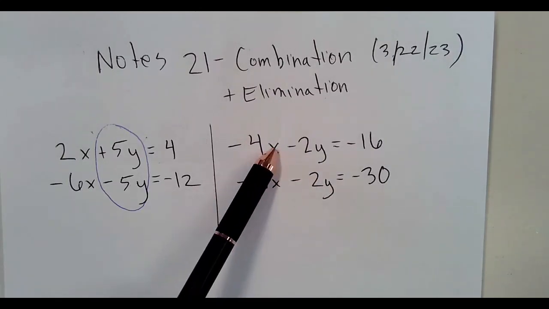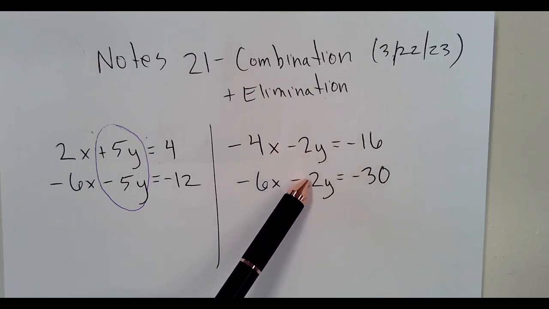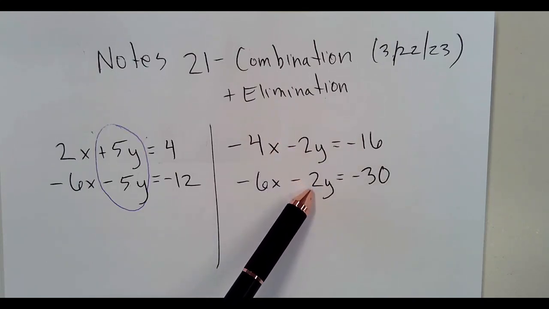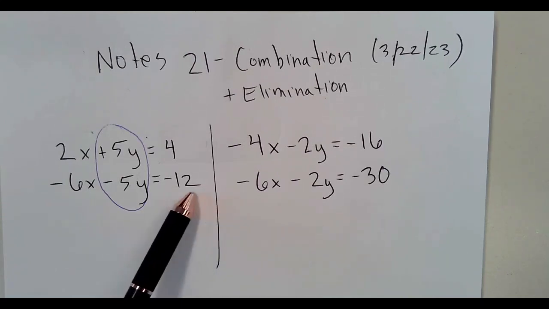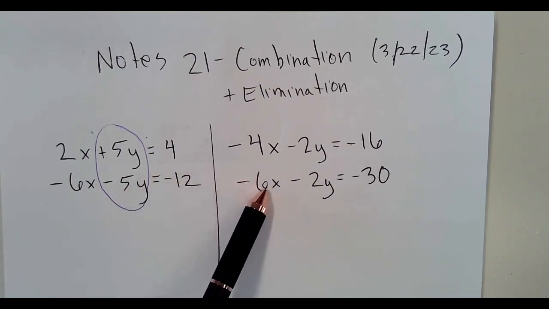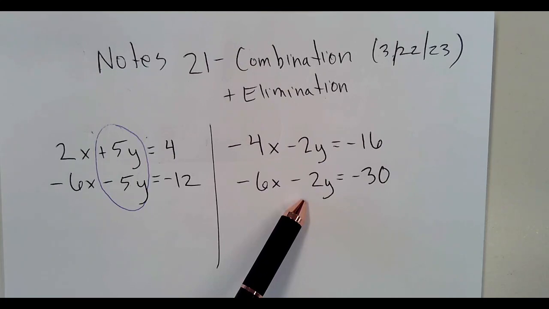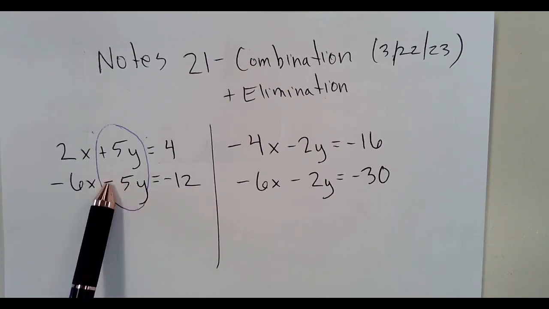And the reason is because you have a -2 on the y here and a -2 on the y here. But what's the one thing that you need in order to use combination and elimination? That this one has here, which this one does not. Yeah, so it's an opposite coefficient, right?